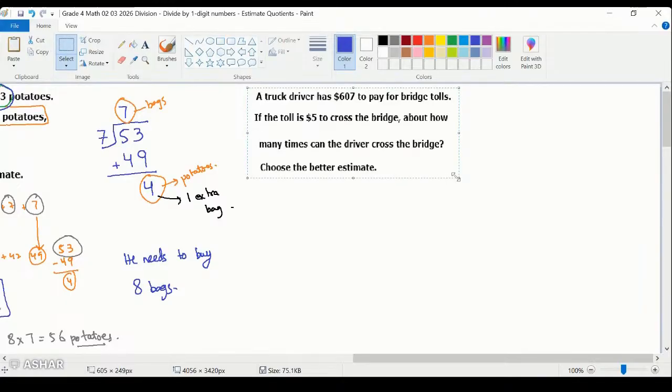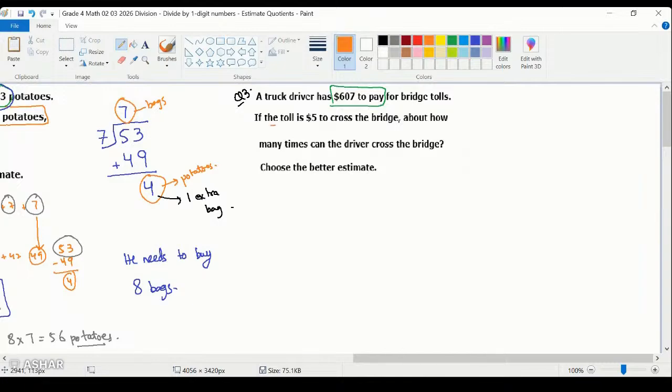Okay. For question number 3, a truck driver has how many dollars? A truck driver has $607, right? The cash in hand is $607.